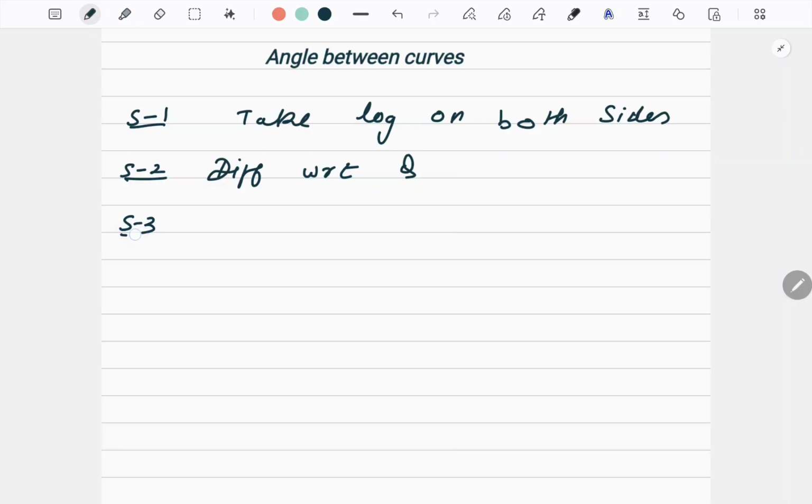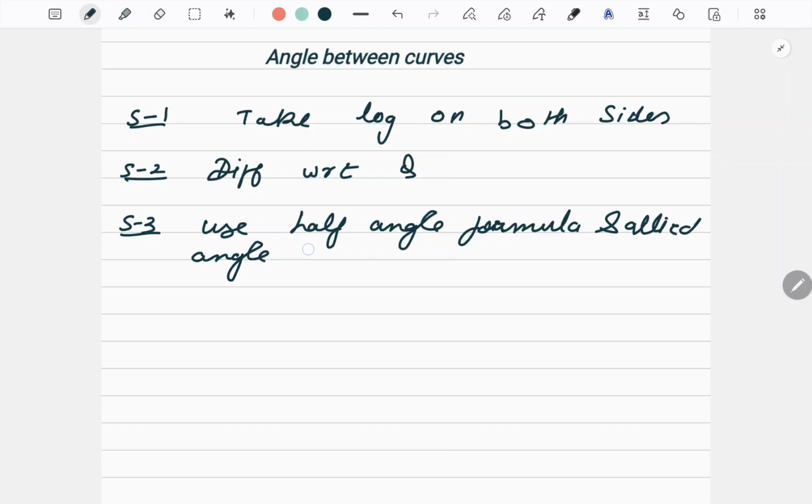Step 3, use half angle formula and allied angle concept to get the phi value. Step 4, find phi 1 minus phi 2. This will give you the angle between two curves.